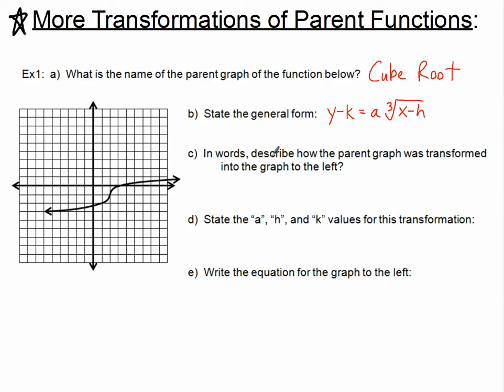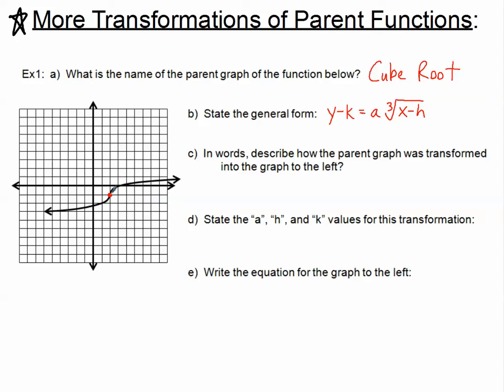In words, let's describe how the parent graph was transformed into the graph to the left. So what must have happened to move the parent graph to where this graph is first? I think the most important point to find is our starting point, and I can see that our starting point is right here. That will help us to figure out what h and k are.